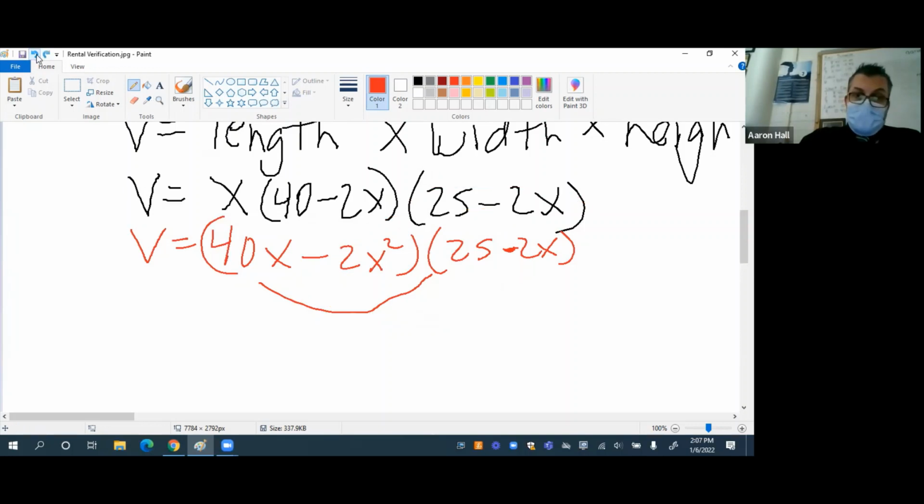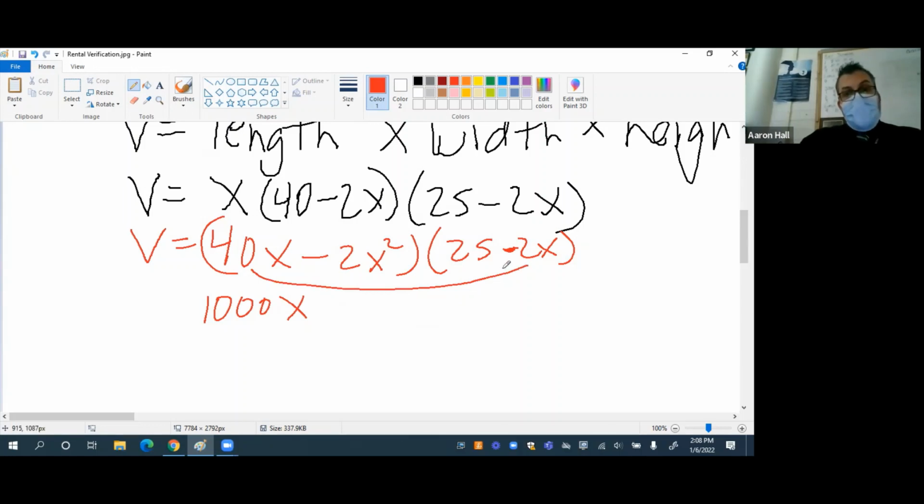No, I think I'm just getting sloppy. So what is 40 times 25? 1,000, so I'm getting 1,000x. What about if I distribute here? What is 40x times negative 2x? Negative 80x squared.